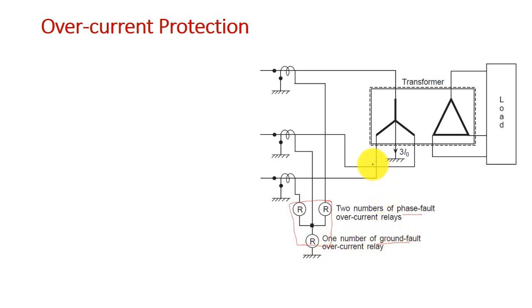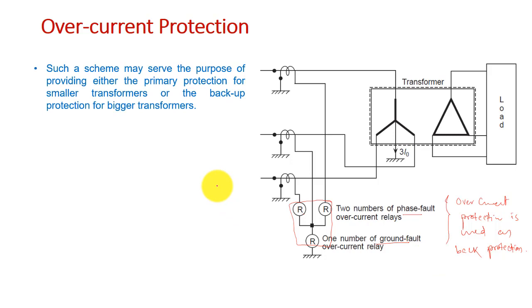So here your transformer is being protected, and generally this overcurrent protection scheme is used as backup protection, right. Most of the time it is used as backup protection, and the differential scheme is used as the primary protection.